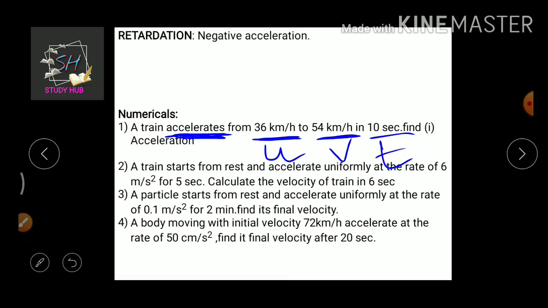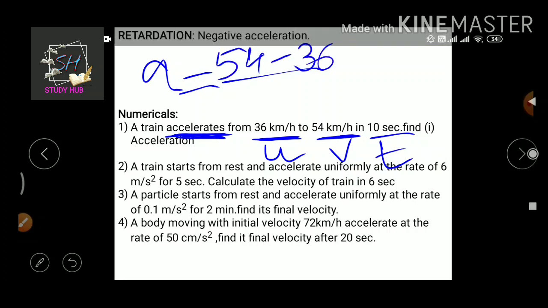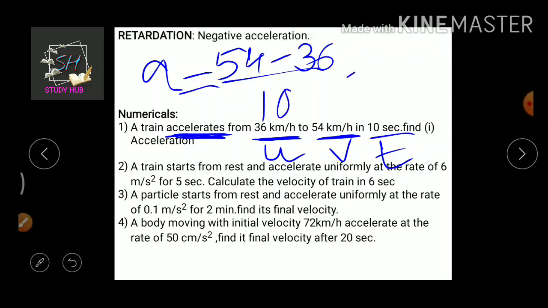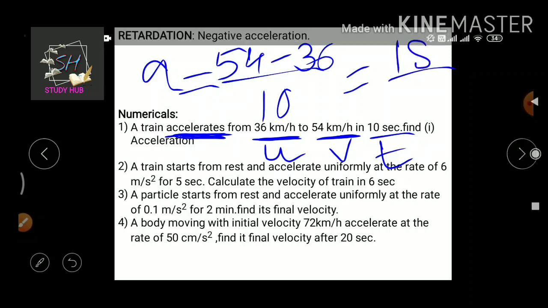So from the formula a equals v minus u by t, we find v minus u, that means 54 minus 36, divided by time, that means 10. So 54 minus 36 is 18. Am I right? 18.